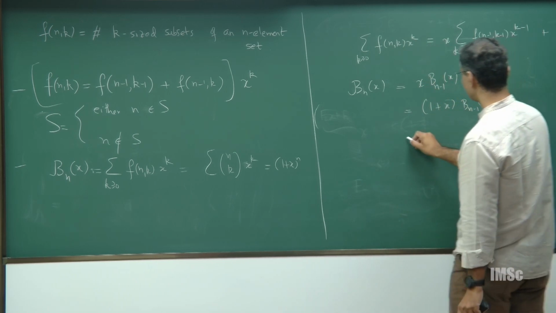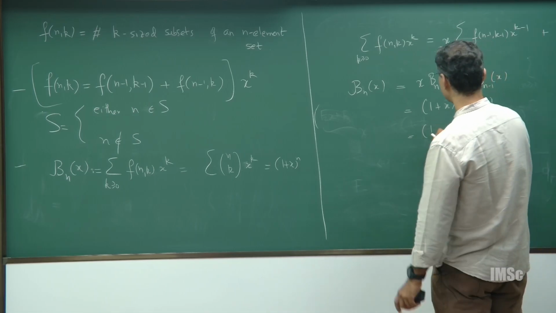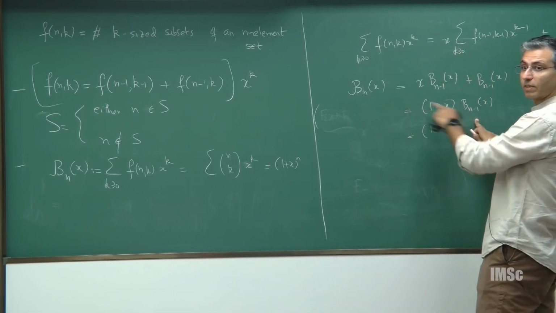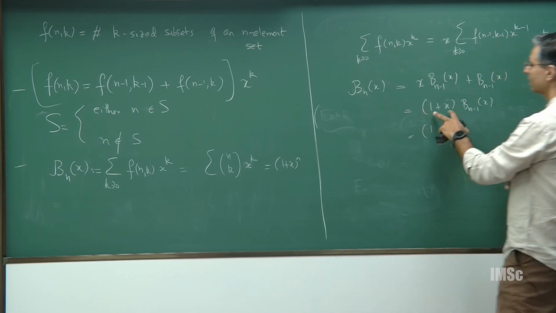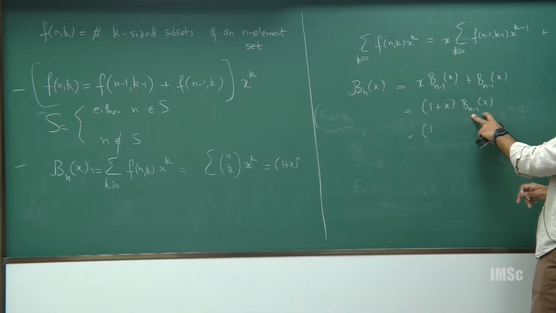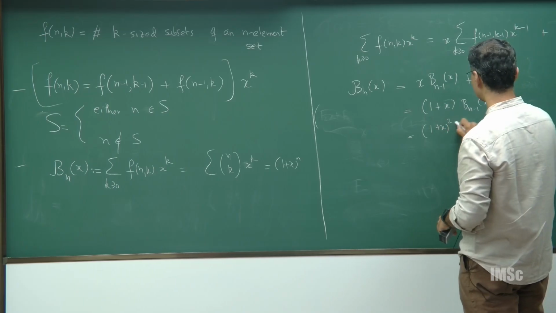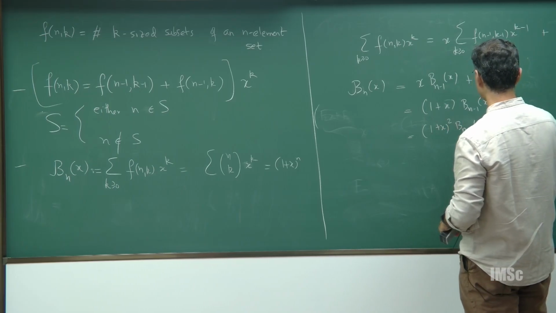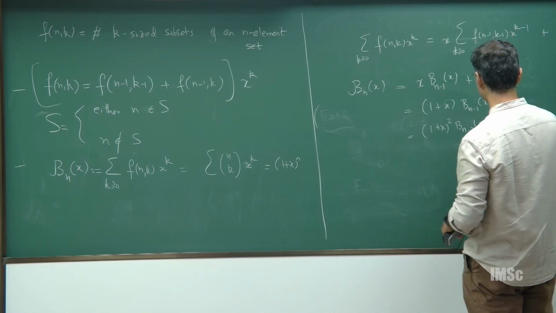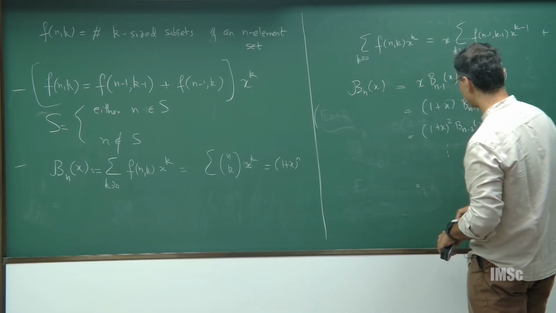Okay. So, now you have a recurrence for the generating function: Bn is 1 plus x times B(n minus 1), which will be 1 plus x times B(n minus 2). So, if we keep continuing this, what will we get?